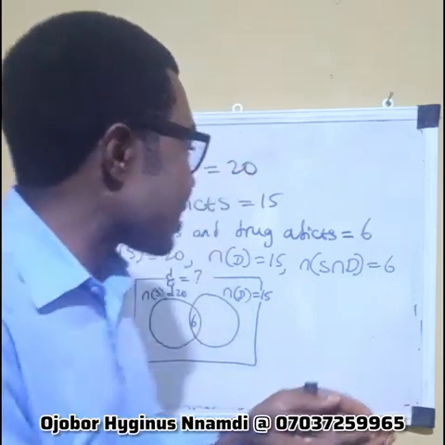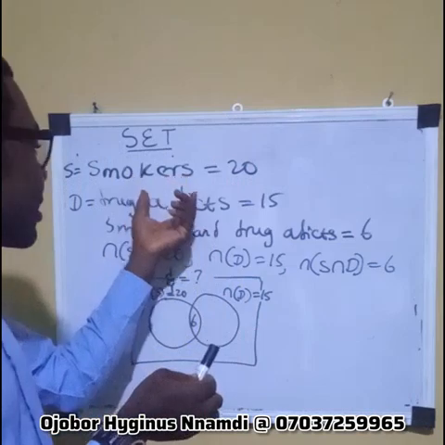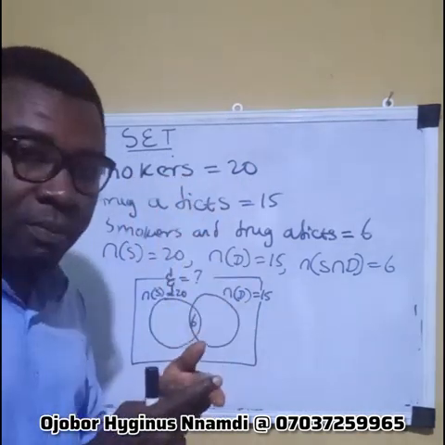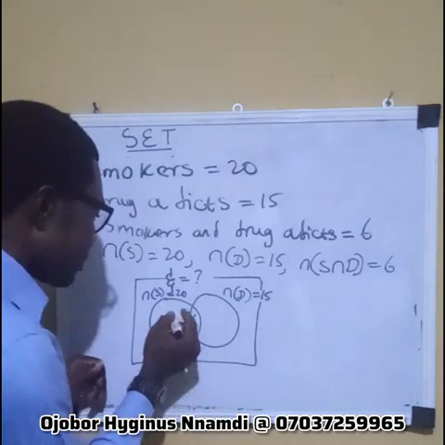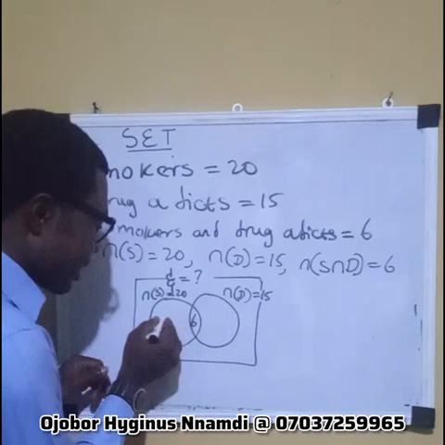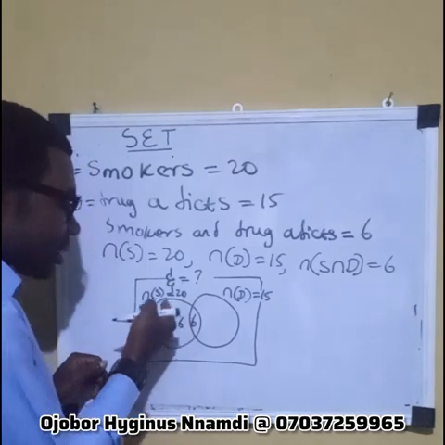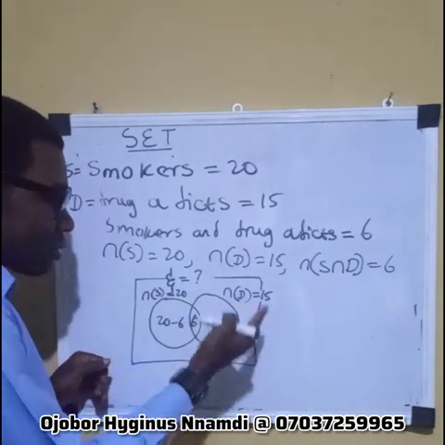Because the question says that the members of this club are either smokers, drug addicts, or both. So if we do that, number of those that are smokers only, which should be inside this diagram, is going to be 20 minus 6, because these six are not smokers only, they also are drug addicts.